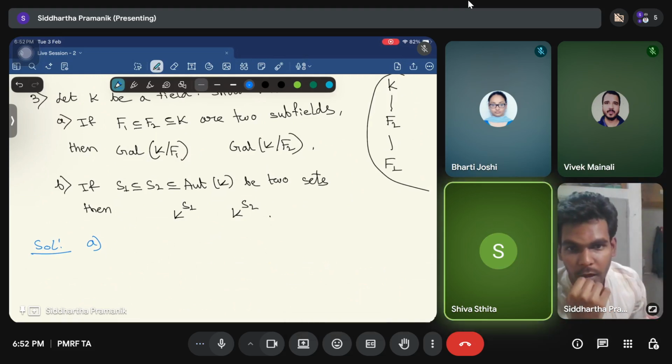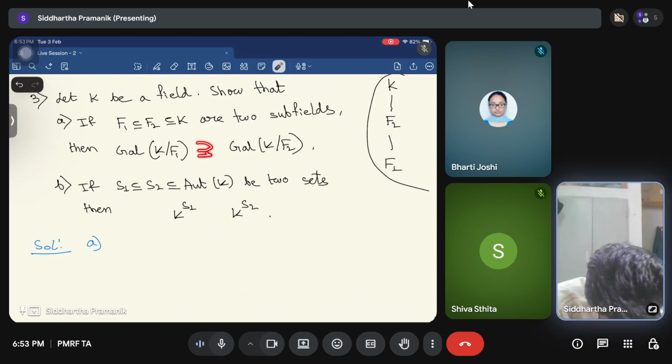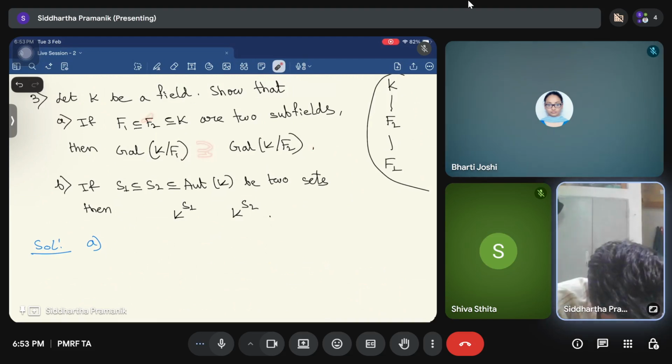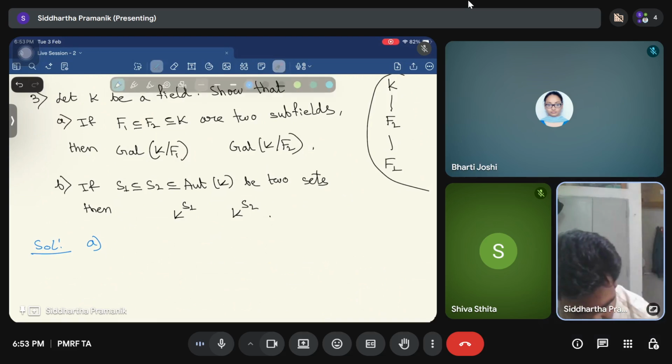Hello. Yes. So, sir, the first group Galois, which fixes F1, is a superset of Galois, which fixes F2. Yes, you are right. So this inclusion will be reversed, and it will be in both cases.